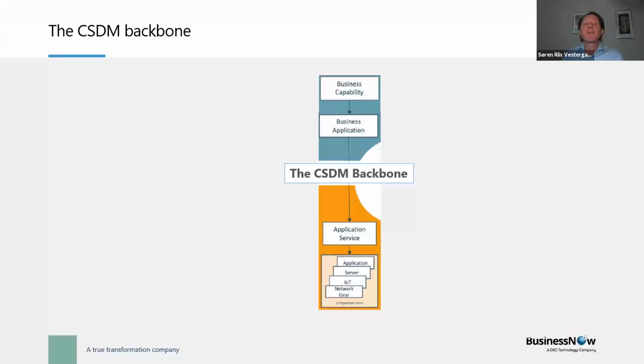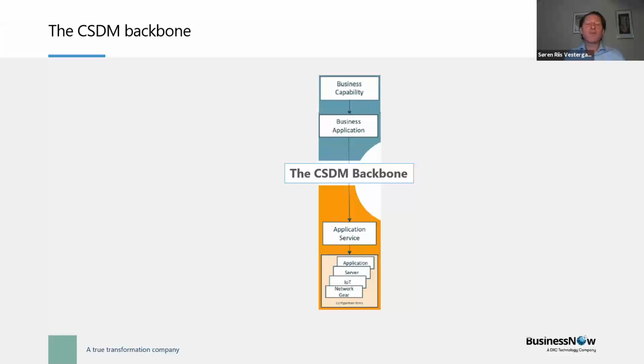This can be connected to the different application services, where each application service represents a deployed application stack based on the software, the server, the network, the infrastructure at large. So this is the backbone.